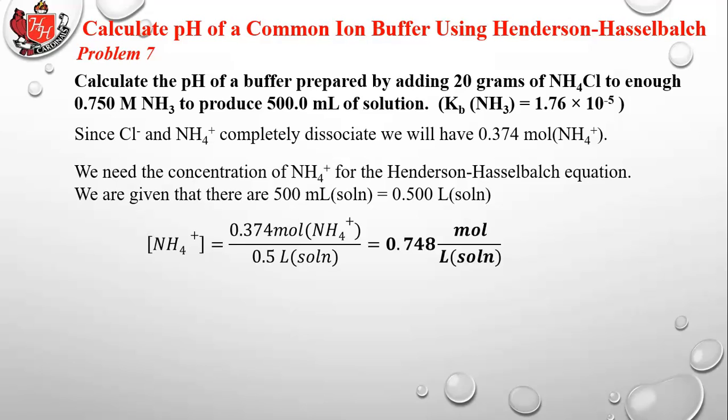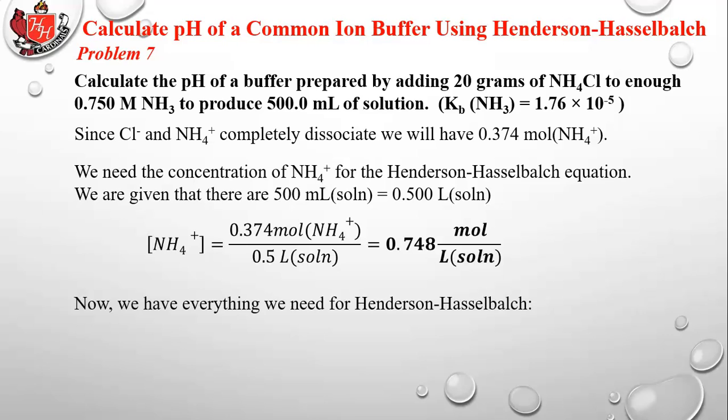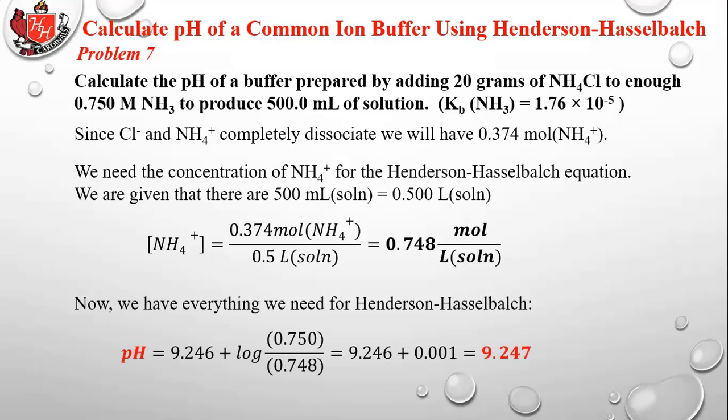Now we have everything we need: concentration of weak base, concentration of weak acid, and the pKa. So now we're ready to plug it in to Henderson Hasselbach. It's 9.246 plus log of 0.75, that's the base, the ammonia, on top, over 0.748, that's the acid, ammonium, on the bottom. You do the math, and all the pH did was go up very, very slightly.